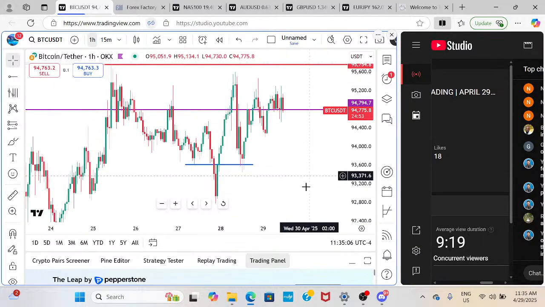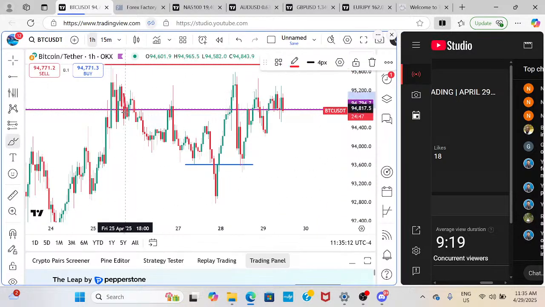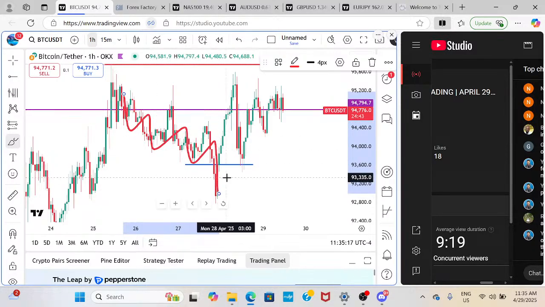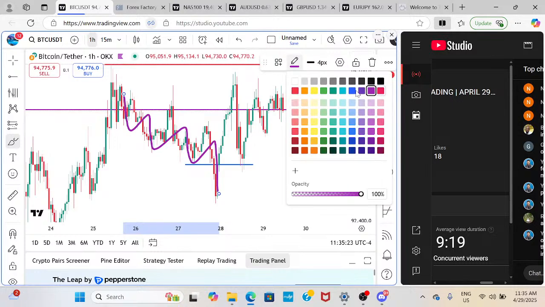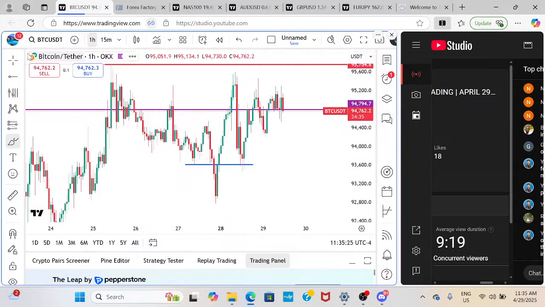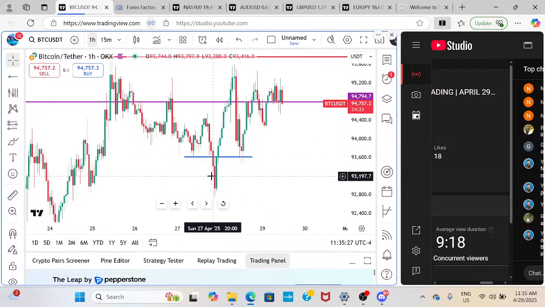Okay, so looking at this, number one, what we see is that obviously we have bearish structure that's currently playing out.